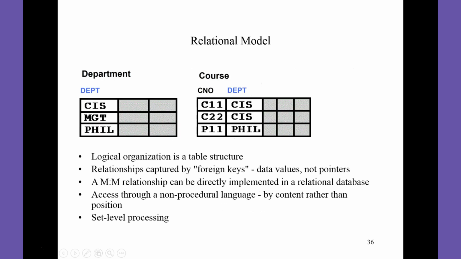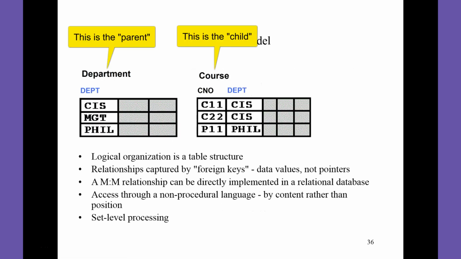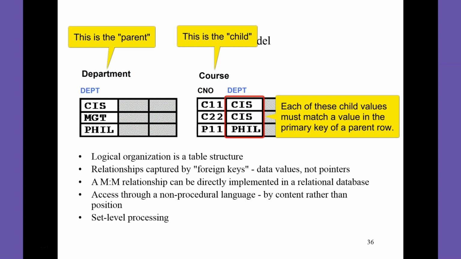With the relational data model, the organization logically is that of a table. The relationships are not captured by pointers, but are captured more in a value-oriented manner by using what are called foreign keys. The many-to-many relationship can be directly implemented in a relational database.